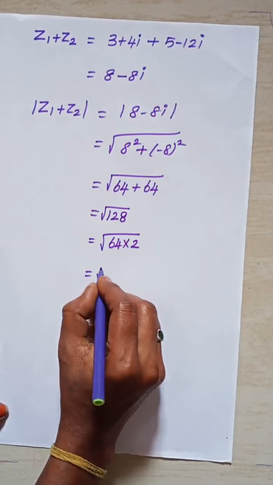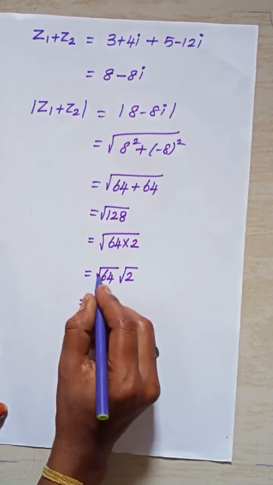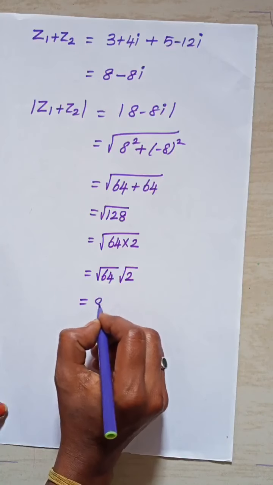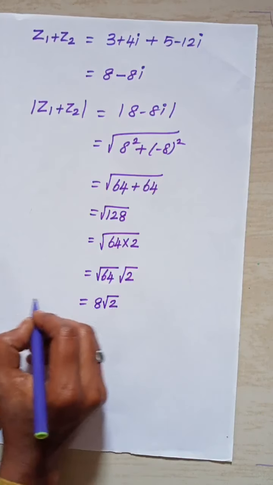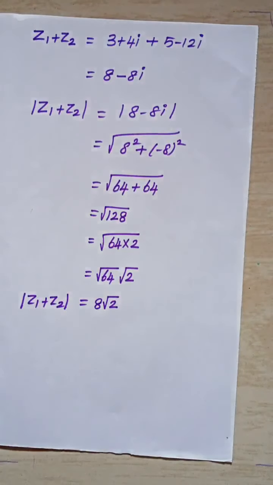So square root of 64 times square root of 2, and square root of 64 is 8. So 8 into root 2. We can write it as modulus of z1 plus z2 equals 8 into root 2.